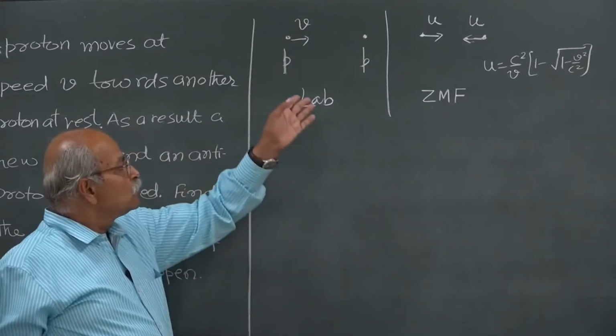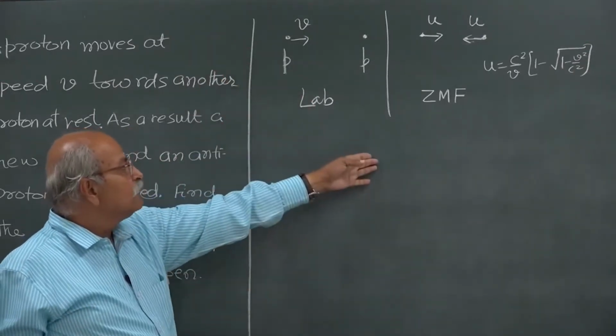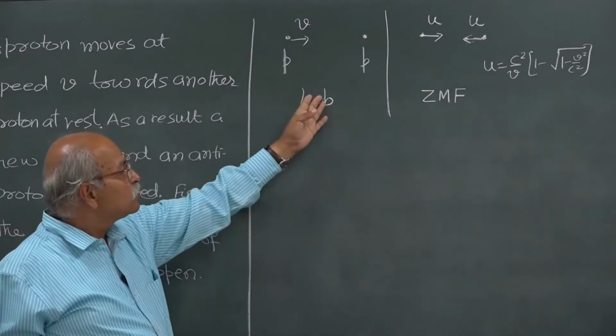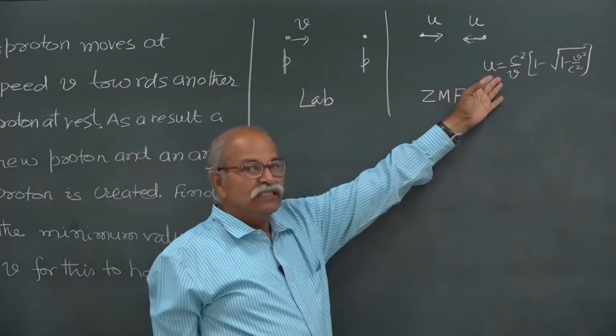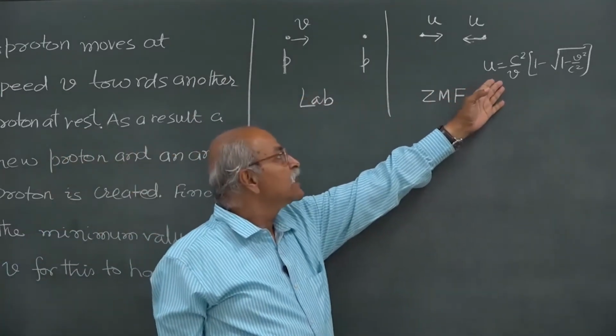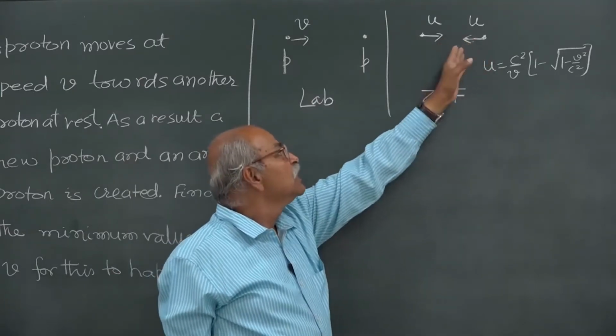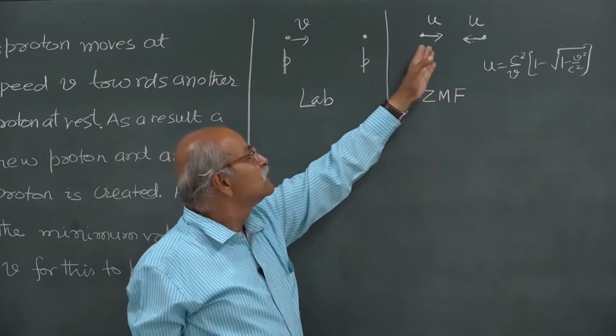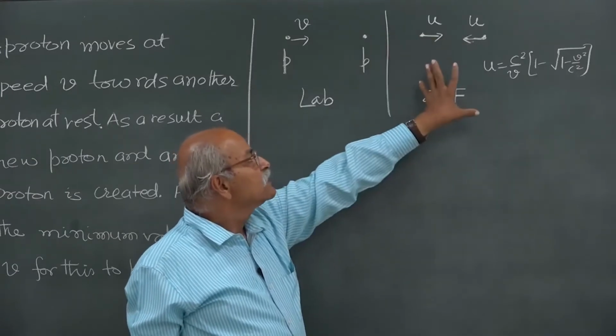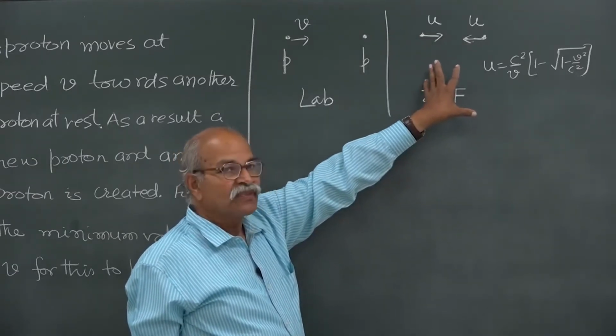So, if you go to this zero momentum frame which moves with respect to the lab at this velocity u, then in this frame the second particle goes in the negative direction with speed u, and the first particle goes with the same speed, so the linear momentum is 0.